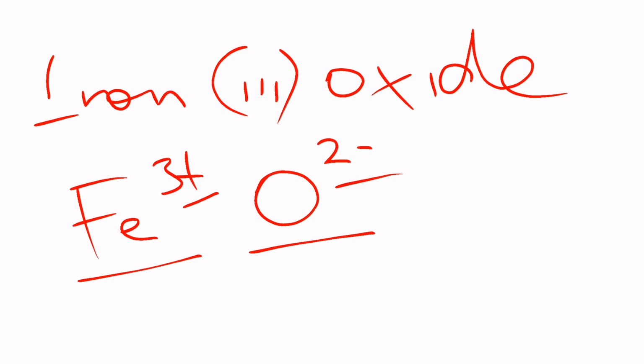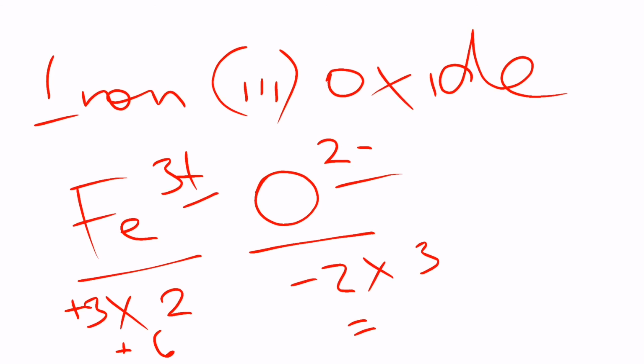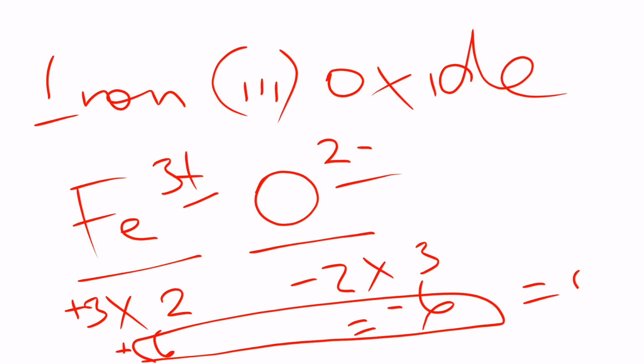So we have plus 3 times 2, we get positive 6, and then minus 2 times 3, we get minus 6. If we combine this now, it's going to give us 0. So the simplest thing here is just cross multiplying, just like we have done in the previous one.